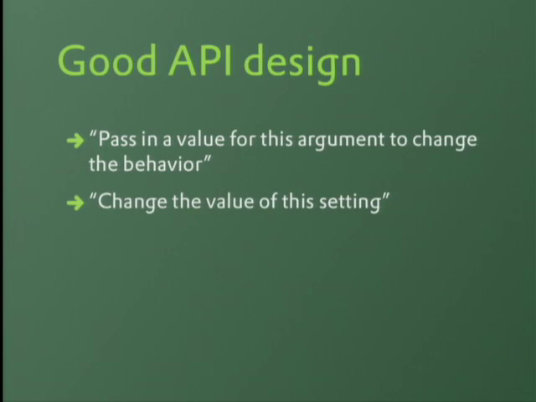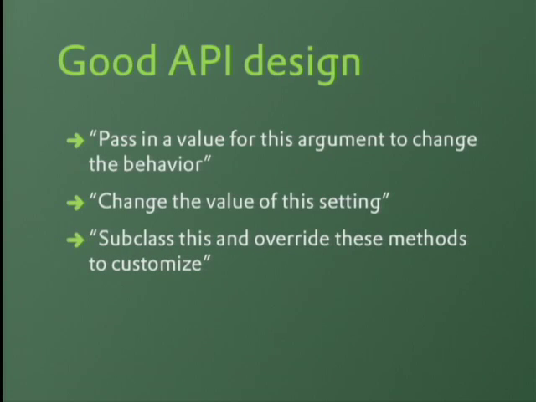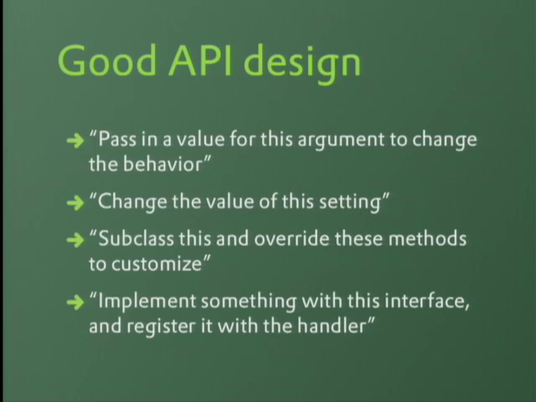You can do a whole lot to Satchmo without ever touching the code, just by changing settings. I love that about it. Another good example is: subclass this, override some methods. You see that in the admin, to take an example. Subclass ModelAdmin, or even subclass AdminSite, and override the methods. Implement something with the right interface, plug it in. These are all really good examples of API design.